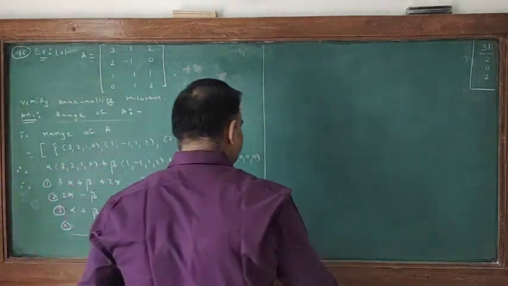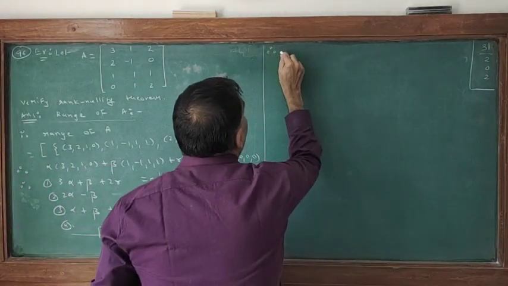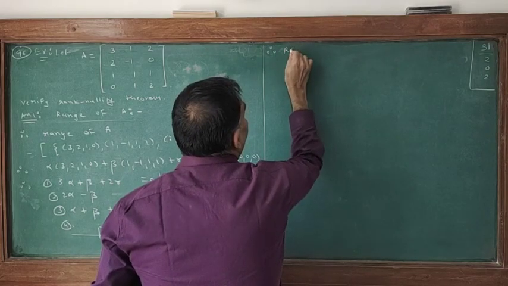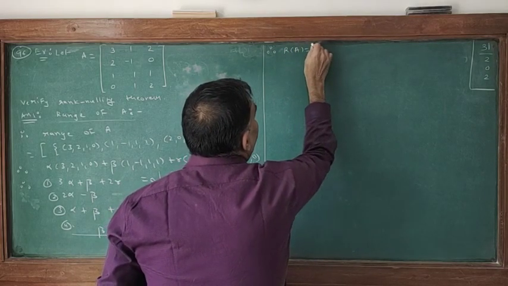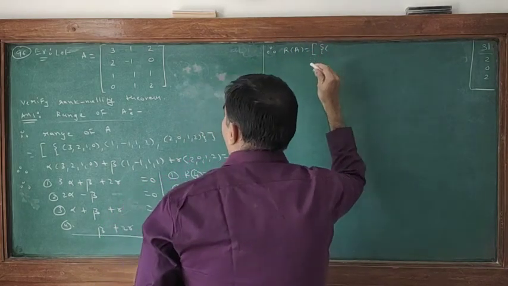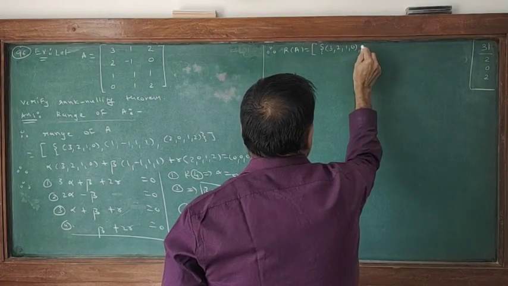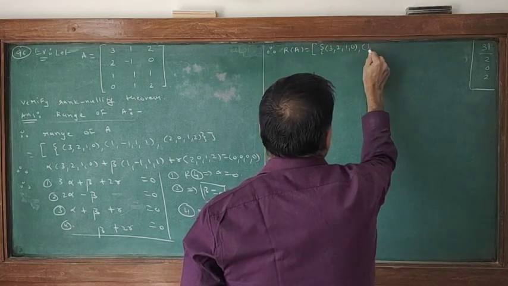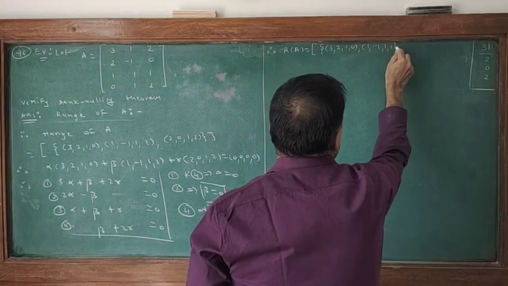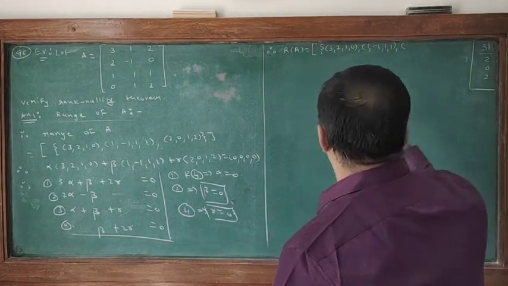Therefore range of A is spanned by 3 2 1 0, 1 minus 1 1 1, 2 0 1 2.